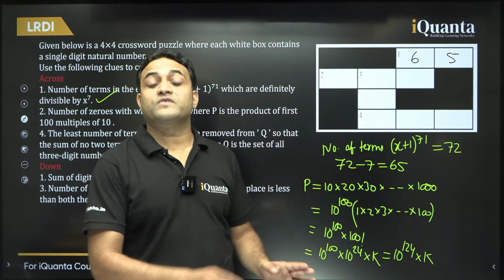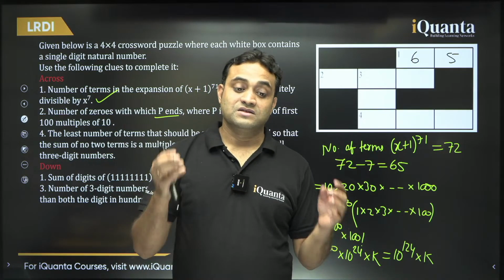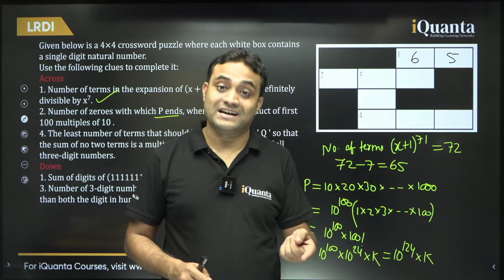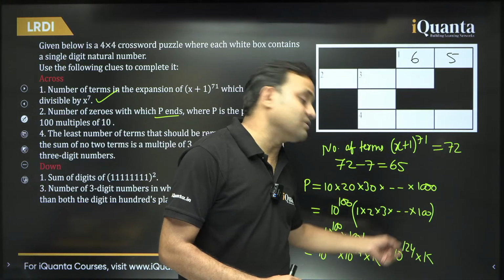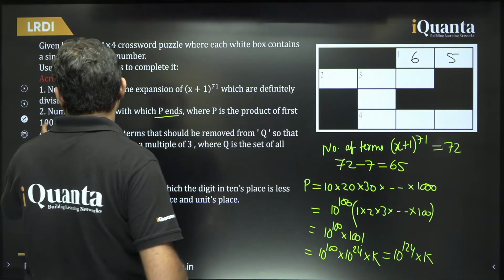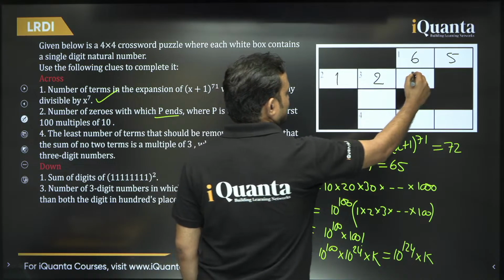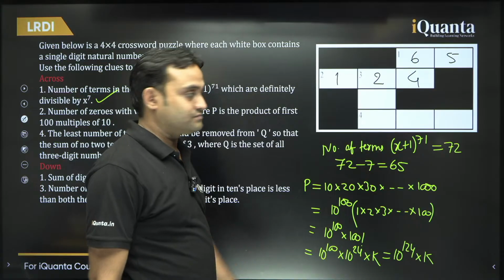So number of consecutive zeros at the end of any number is the same as the highest power of 10 that will divide that number, right? So highest power of 10 that will divide p is 124. So we can say that across 2 it will be 124, 1, 2 and 4, like this.